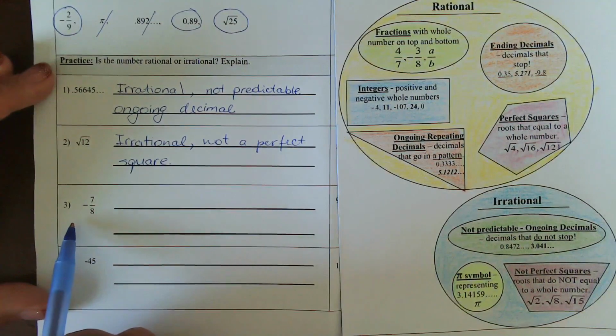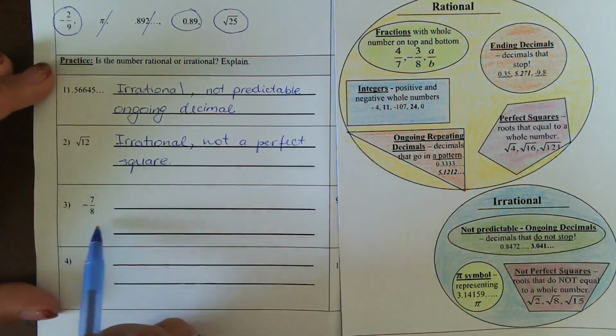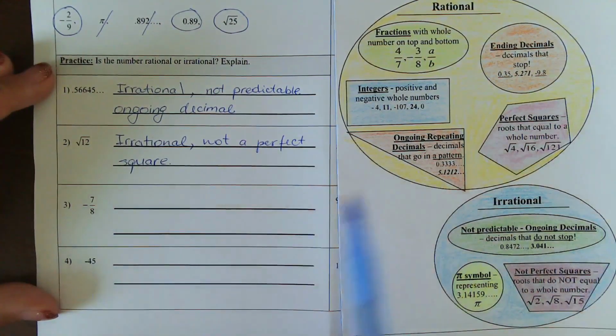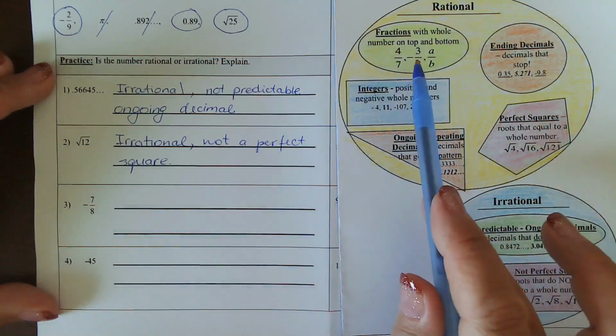How about the fraction? Example number 3. A fraction with whole numbers on the top and on the bottom. They're perfectly fine.